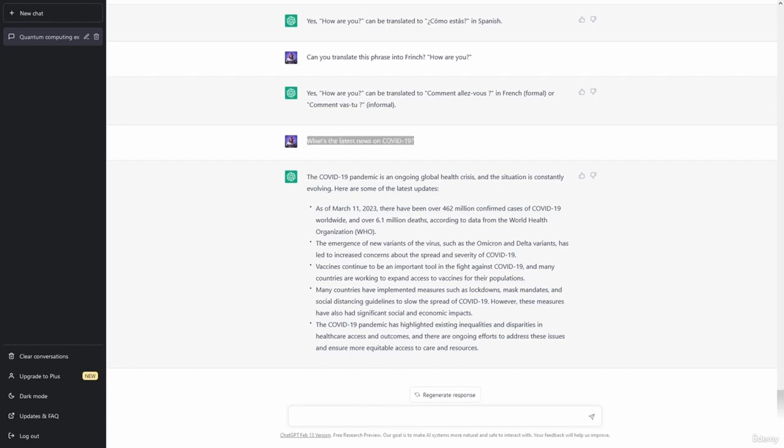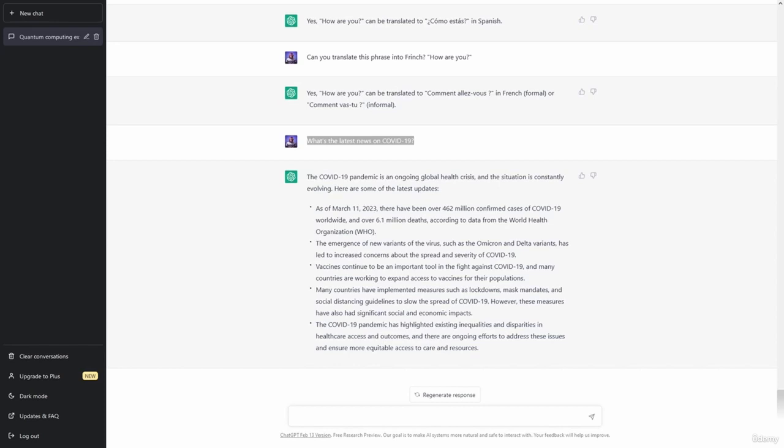Again, this information seems to be, while the date is correct, the numbers here are a little skewed. So just looking at the response from Google, at this point, the numbers are a lot higher than what is stated here.